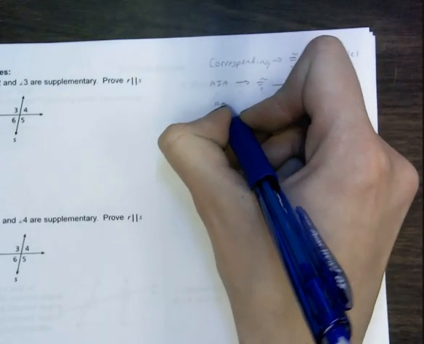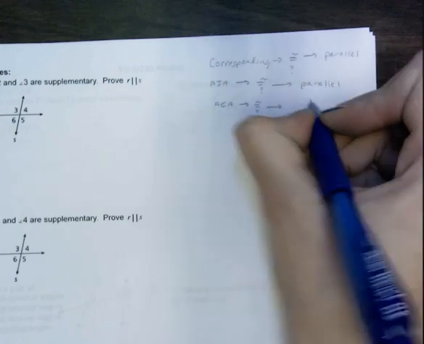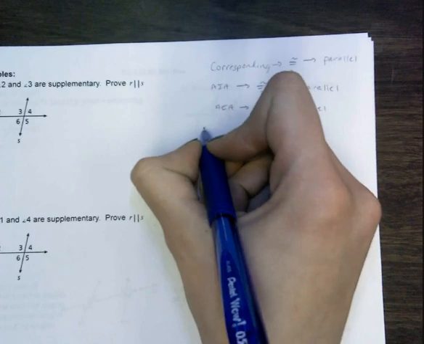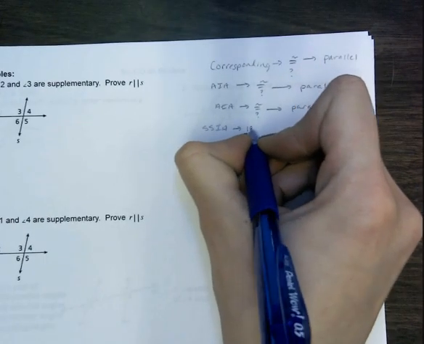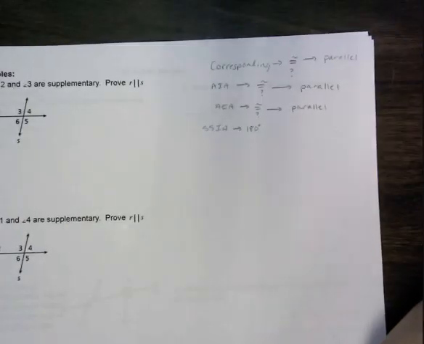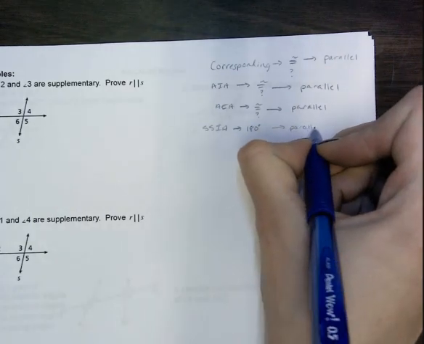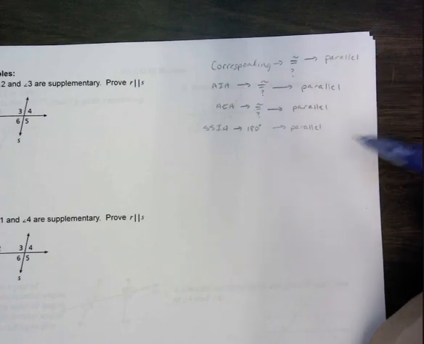Alternate exterior, if those are congruent, my lines have to also be parallel. And the last one, this one's a little bit different, same side interior angles. If they are supplementary, I'll put 180 degrees for short here, then my lines will have to be parallel. So we're looking for these angle relationships, and if they exist, the lines have to be parallel.